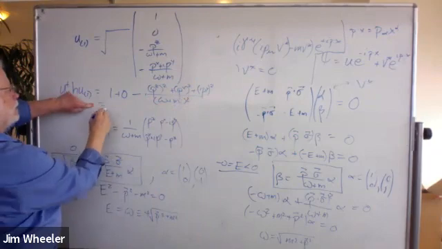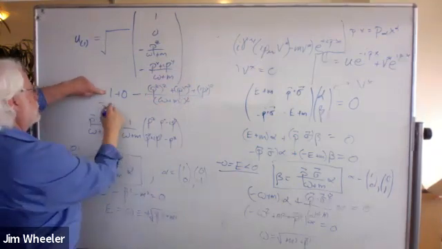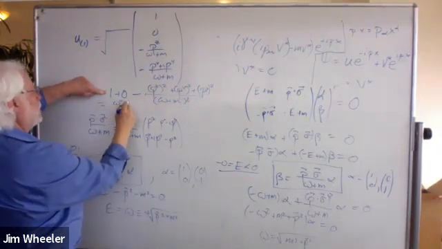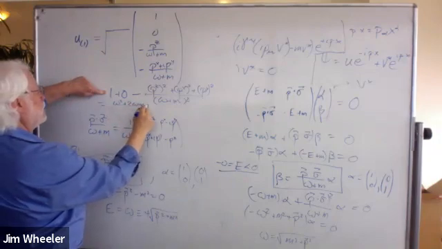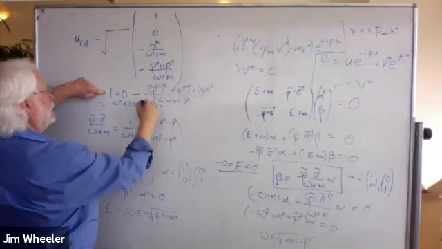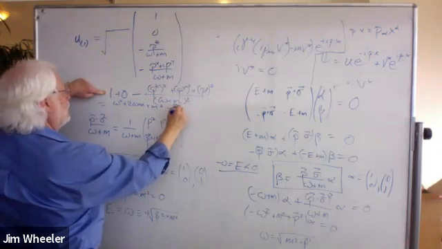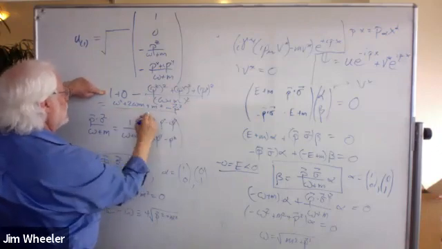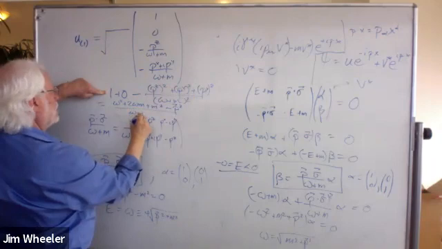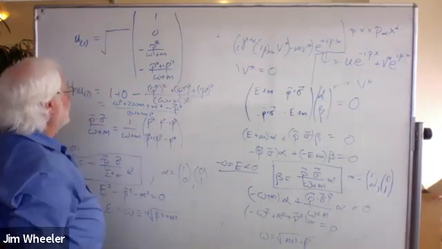And if we work that out, this gives me omega squared plus 2 omega m plus m squared, then minus p vector squared here, all divided by omega plus m squared.